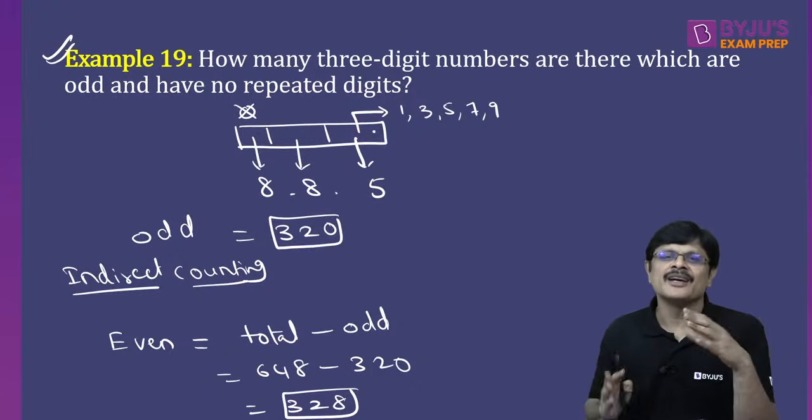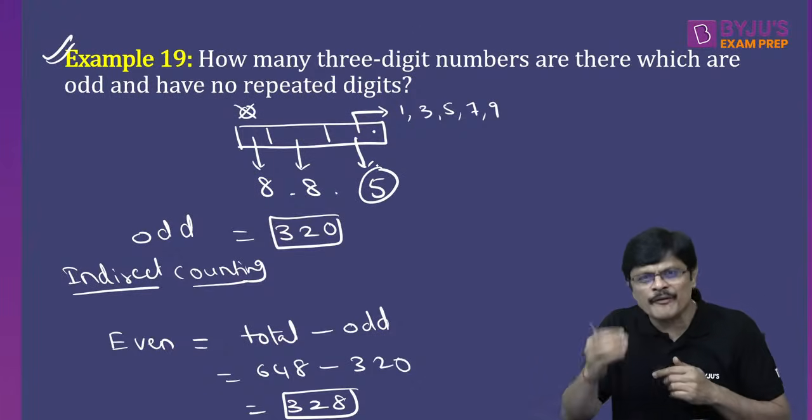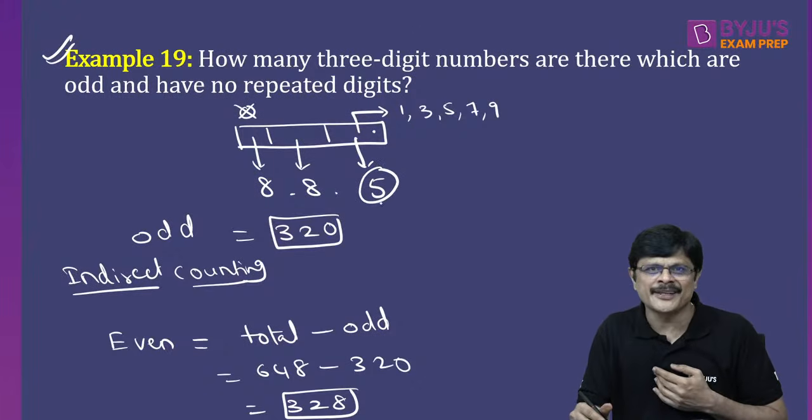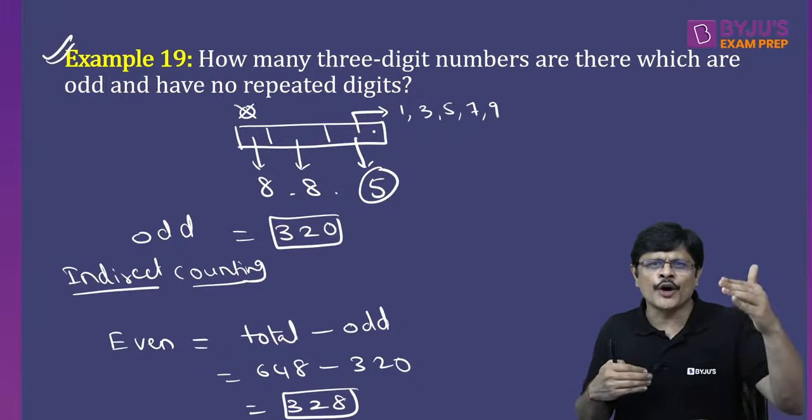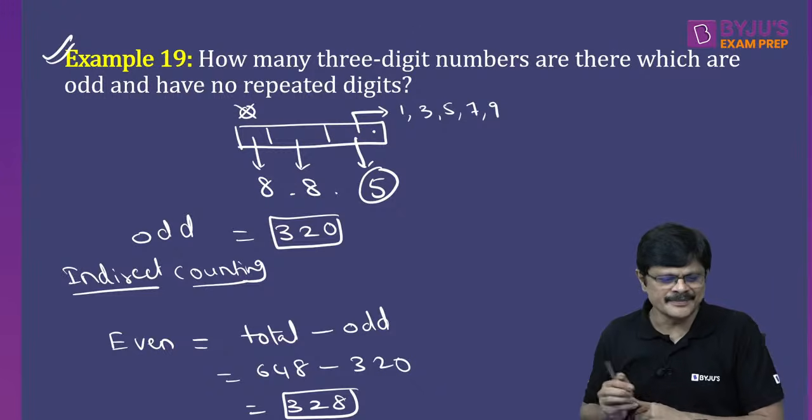Five cases actually. But instead of doing all the 5, we do the same story once, so instead of doing 5 times, we write directly 5 here. That 5 will take care of that. Am I clear?